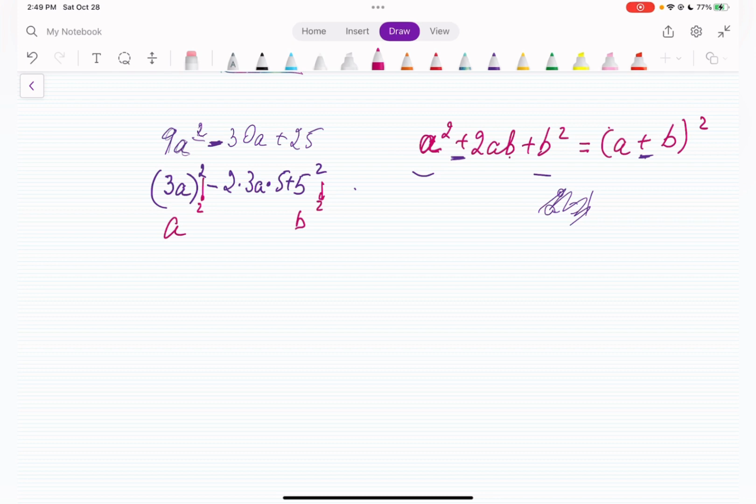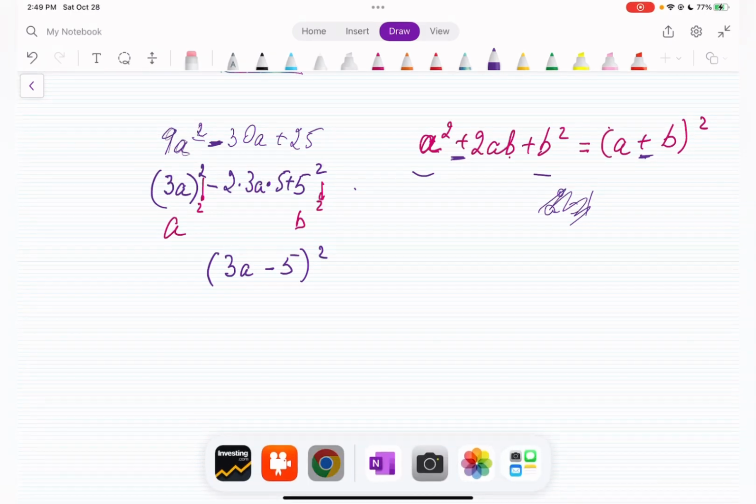So let's check 2ab. 2 times 3 is 6, 6 times 5 is 30. 30a. Very good. That means my perfect square is a minus b, where a is 3a and b is 5, squared. 3a minus 5 squared. Let's check.